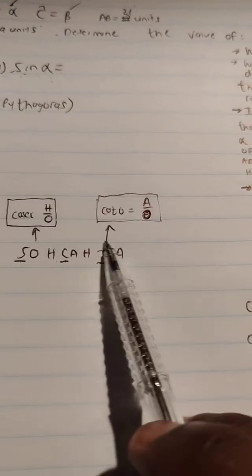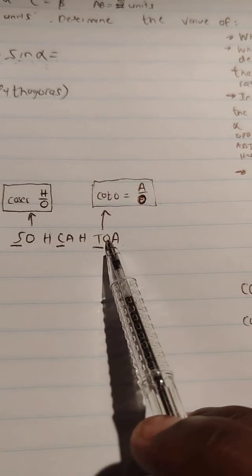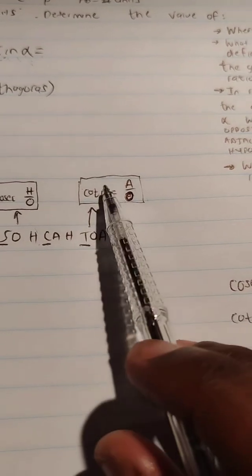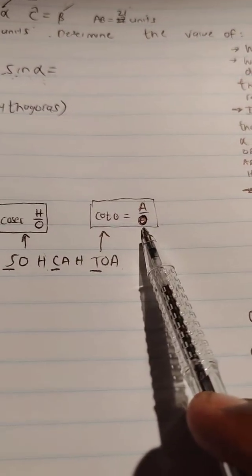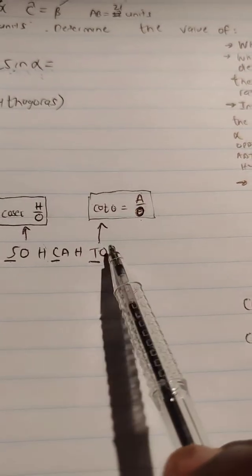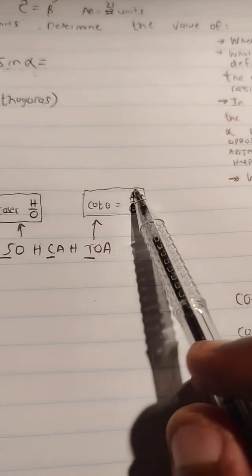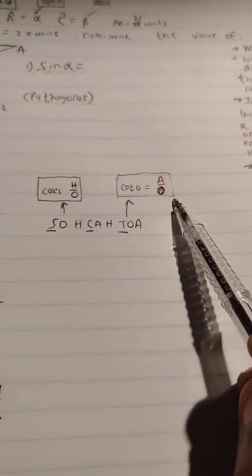Remember, I said the reciprocal of tan is cot. If tan is opposite over adjacent, then cot is adjacent over opposite. Sorry guys, my mistake earlier on. If tan is opposite over adjacent, then cot is adjacent over opposite. It's the reciprocal, the reverse, the inverse.